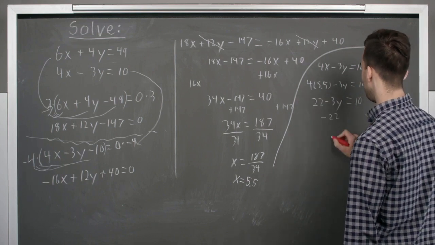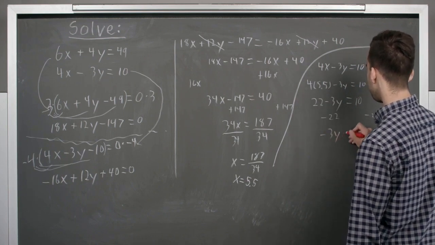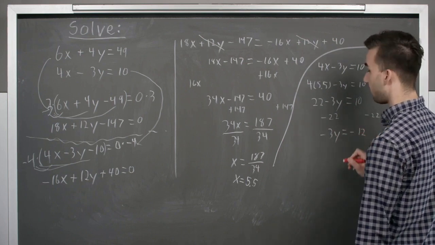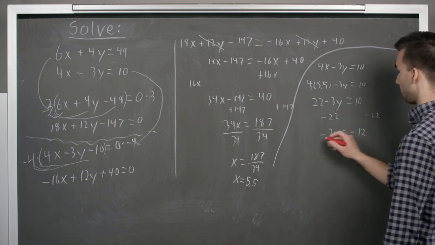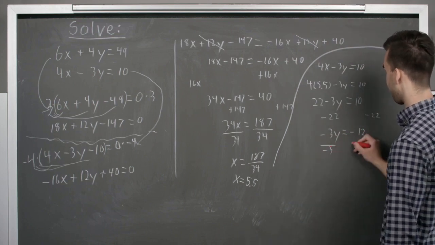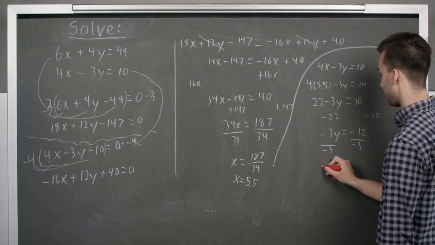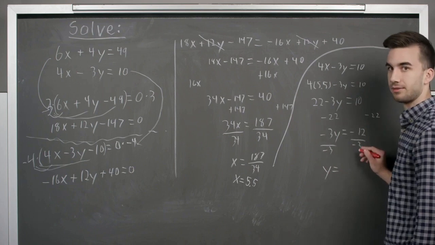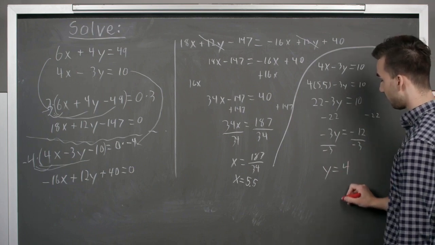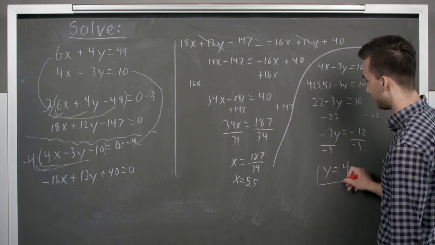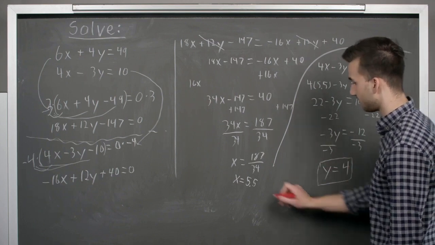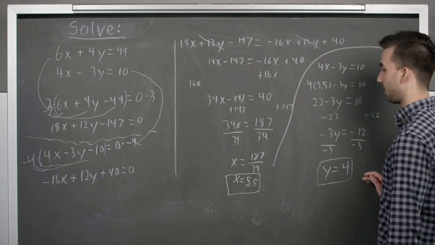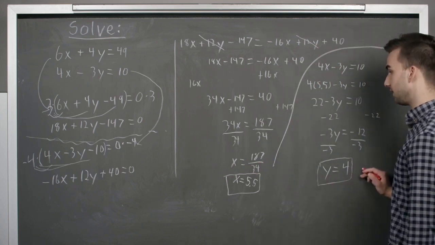That gives us negative 3y equal to 10 minus 22, which is negative 12. Now, if we divide both sides by negative 3, that will give us y by itself is equal to negative 12 divided by negative 3, which is positive 4. So look at that. We got a nice clean solution for y. And we have our solution for x. So that is our solution for x and y, and also our solution for this example.